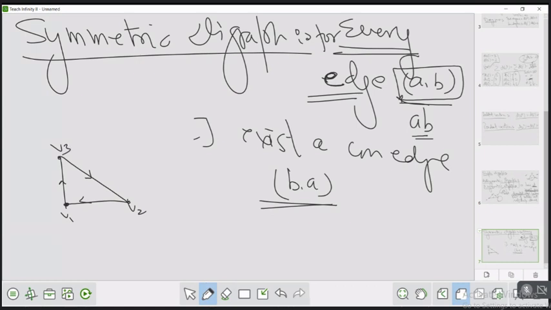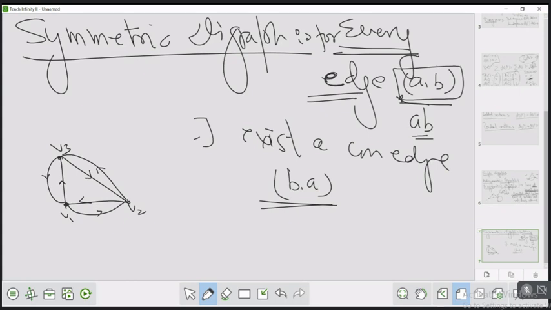You can see that for every pair, every edge, this edge has direction V2 to V1, and again this has V1 to V2.